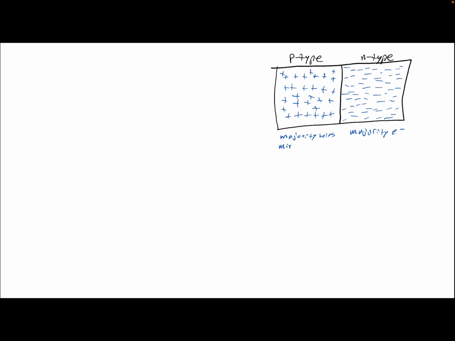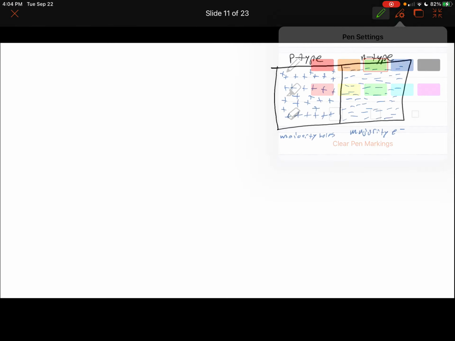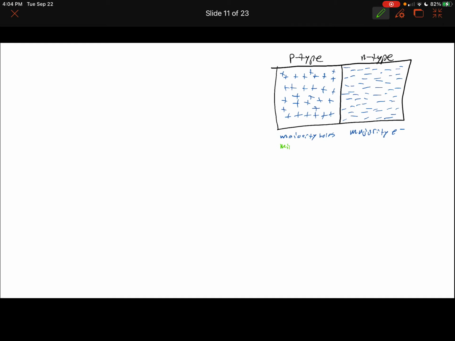But we'll have some minority charges. Let me write that in a different color. We'll have minority carriers of holes on the n-type side. So we'll just put one hole in here randomly, and we'll put an electron in here randomly.